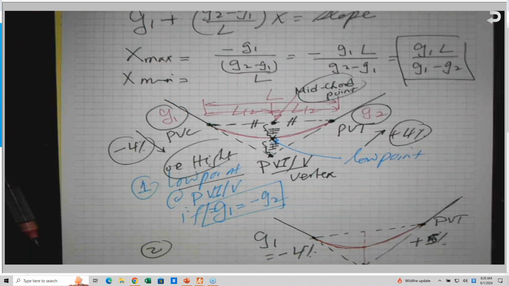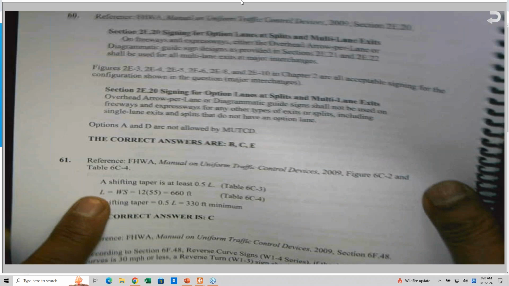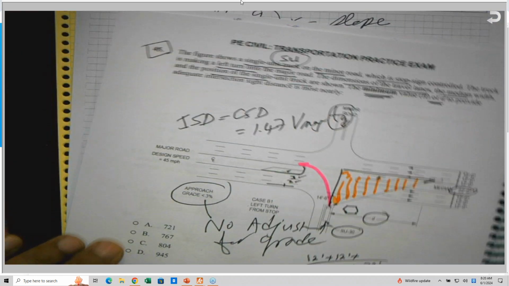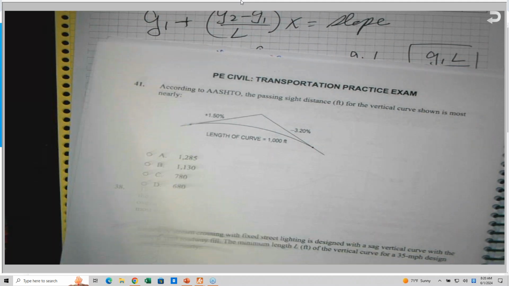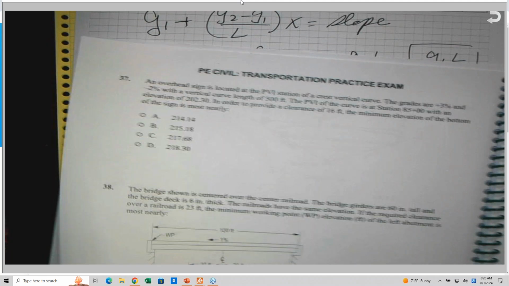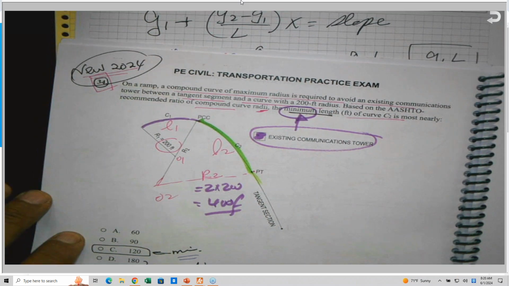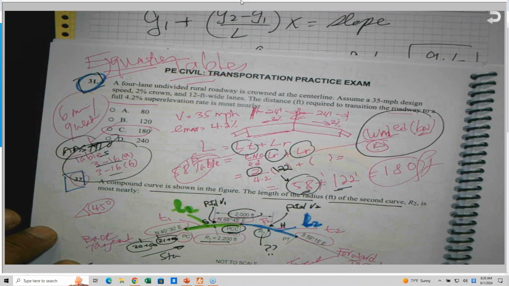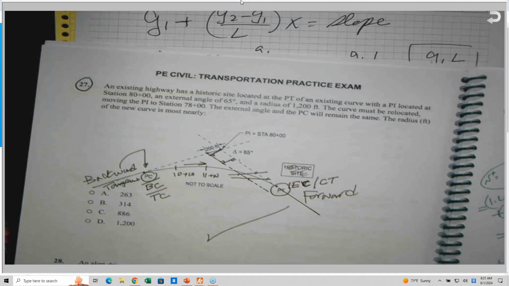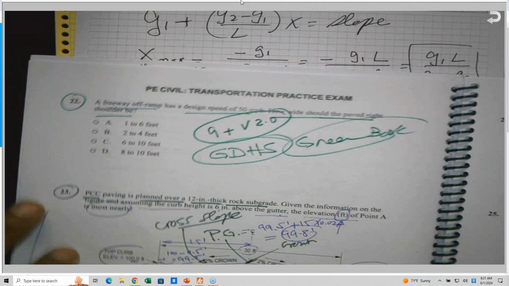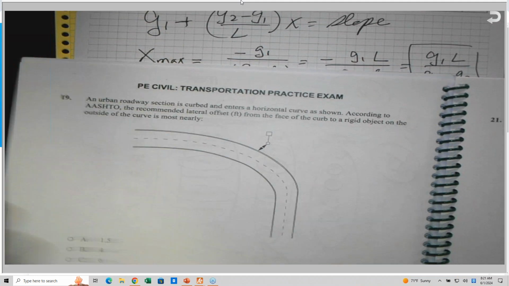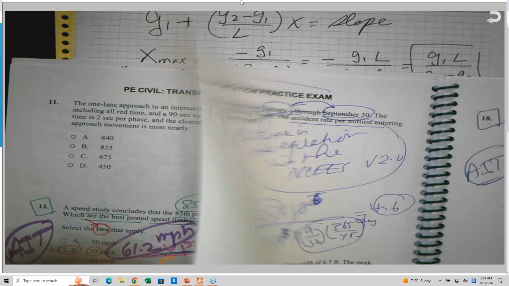Oh, the book is here. Sorry, I have too many books around me. So you can go over this problem one more time if you would like, which I believe is no longer here.